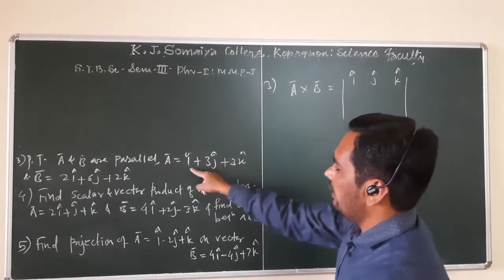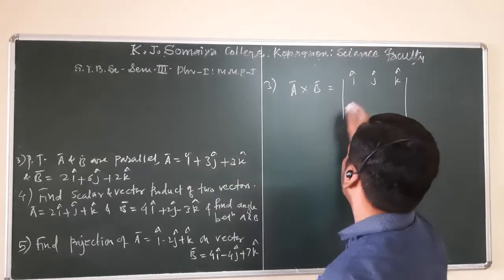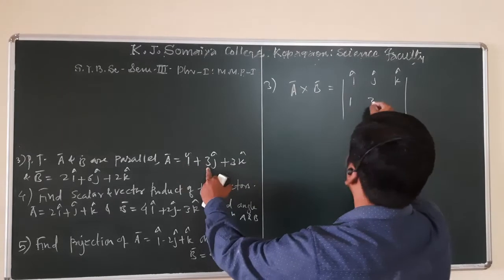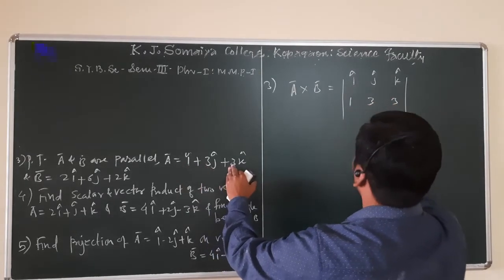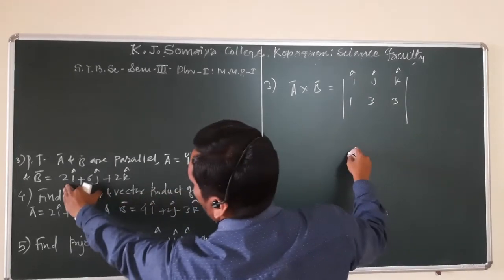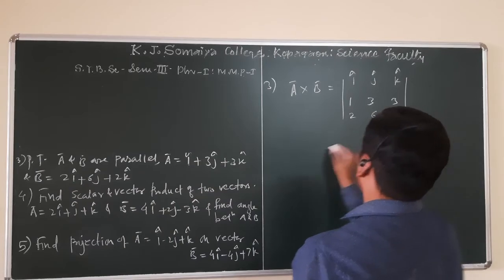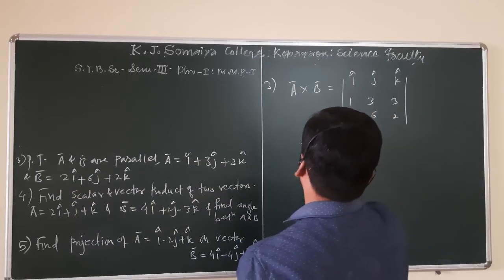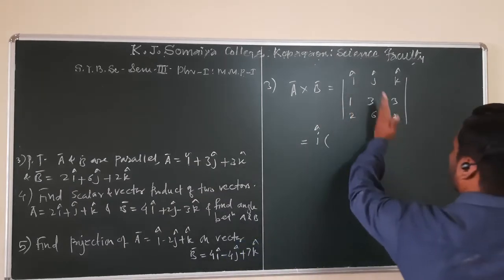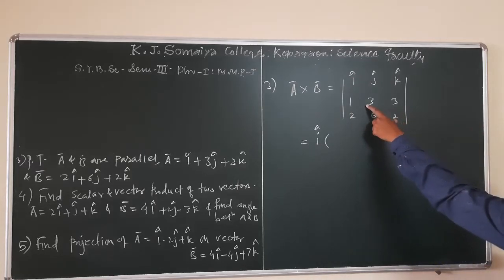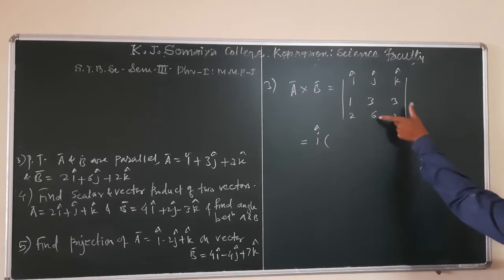The components of vector A are 1, 3 and 3. Vector B is 2, 6, 2. Okay, now solve this determinant. So i cap into 3 into 2, 6, and 6 into 3 becomes 18.